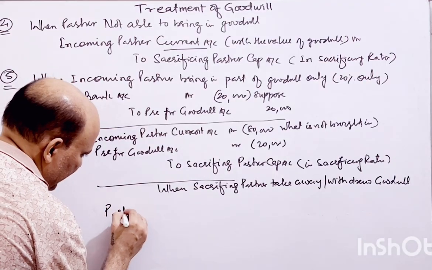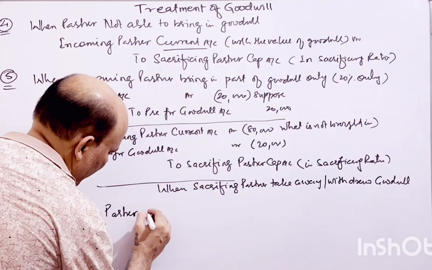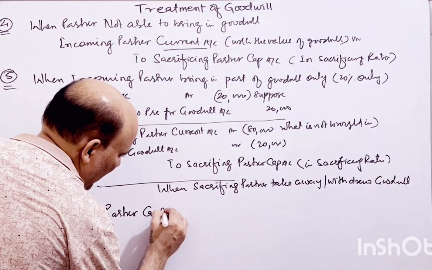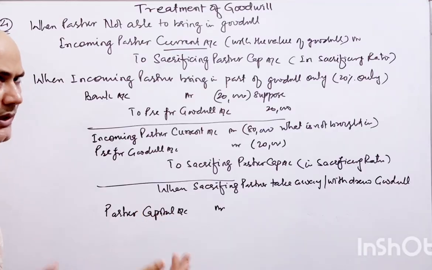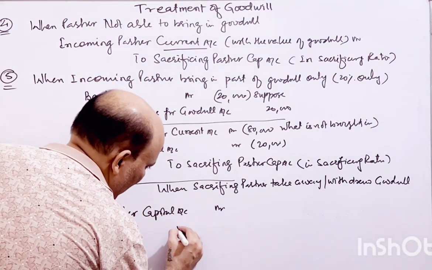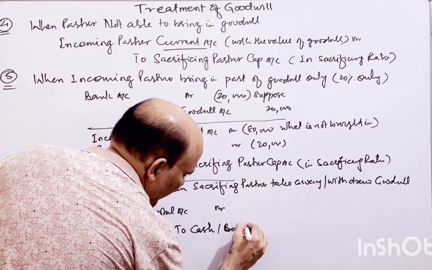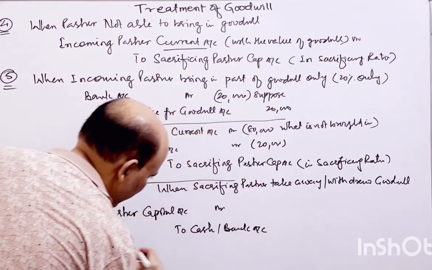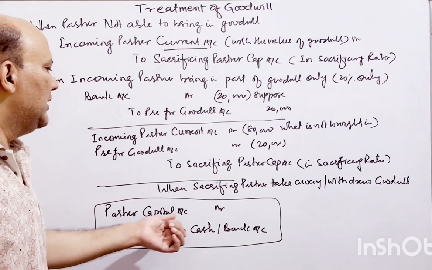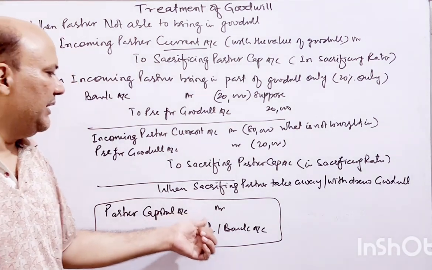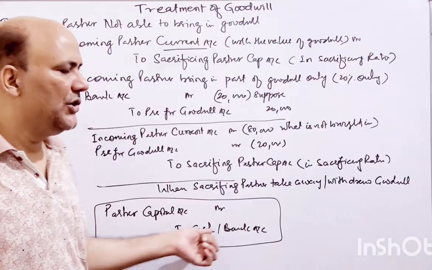Partner's capital account, whomsoever is taking the goodwill out of the partnership firm, partner's capital account or current account, whatever the case may be, debit to cash or bank account, right? Whenever the question says they have withdrawn the money fully, then whatever full amount they have received, they will take, XYZ, whomsoever is the partner, to cash account or bank account.